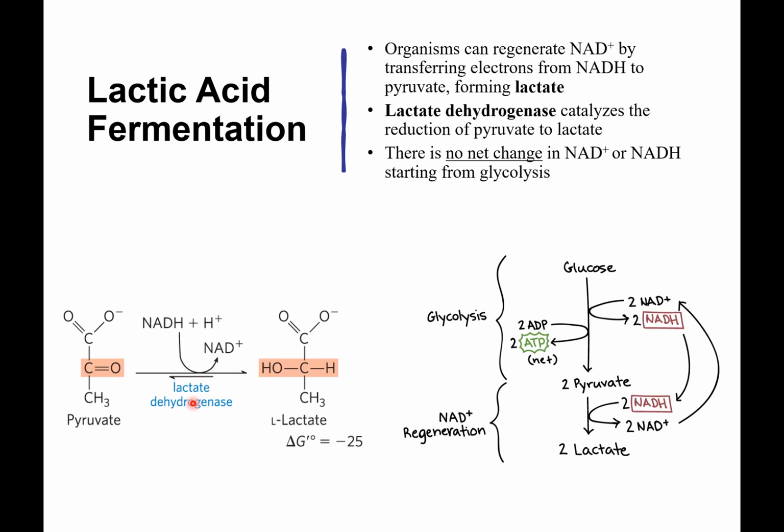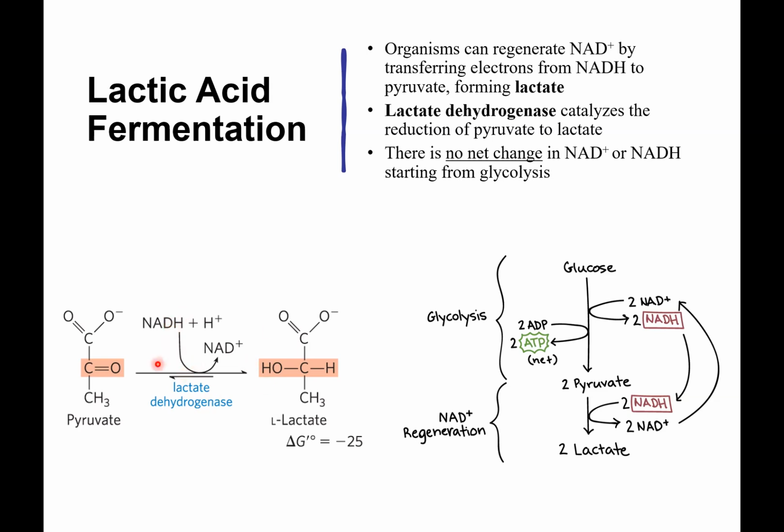So one thing we need to consider is that for glycolysis to go forward, we need to maintain a certain level of NAD+, right? Because glycolysis is in the business of taking NAD+ and making NADH. But as you can imagine, there are always competing demands. Some NADH goes off eventually and is carried to oxidative phosphorylation because it is an electron carrier.